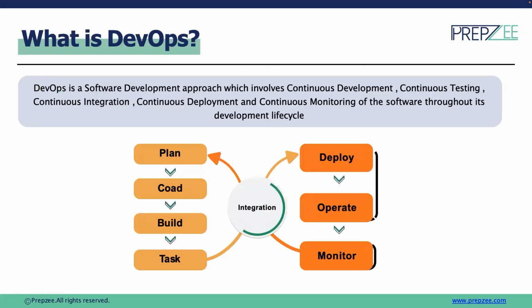DevOps is basically a principle that we follow when we create any application, and there are 8 core components available in DevOps, starting with plan, then code. DevOps is a continuous process which involves these 8 main lifecycle methods, and it always starts with planning.